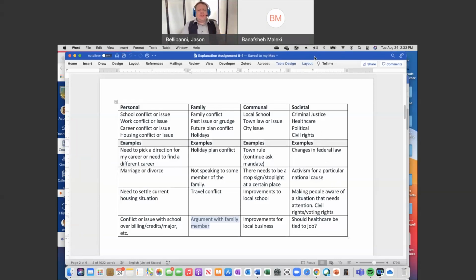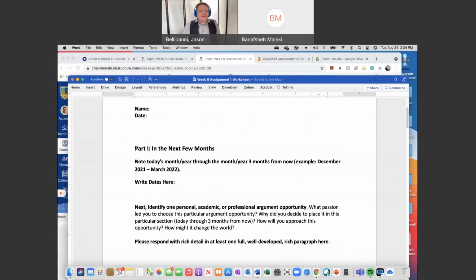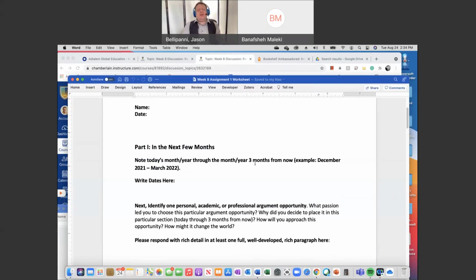So here's the template, right? There's 4 parts because, like I said, you need to have 4 different episodes that you are going to engage in some sort of conflict or argument or persuasion, and you want to do them based on times of the year. The plan is for an entire year, from right now to a year from right now.